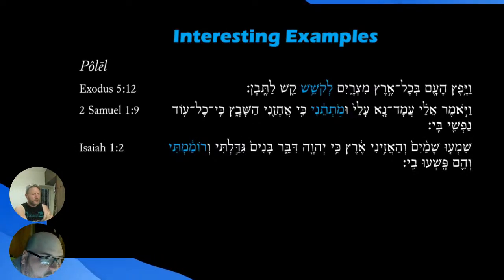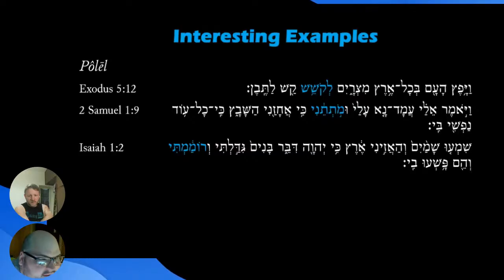Isaiah 1:2, Shim'u shamayim v'hazini eretz ki Adonai diber, banim gidalti v'romamti v'hem pash'u bi. So hear, heavens, and listen, earth, for the Lord has spoken. I raised sons, like I made them big, and I lifted them up.